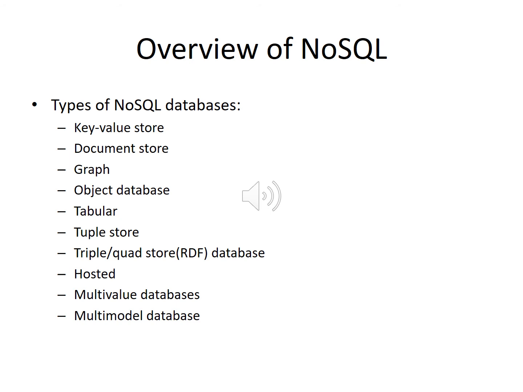NoSQL databases fall into a few types: key value store, document store, graph databases, object databases, tabular, tuple store, triple store databases, hosted, multi-value, and multi-model databases. We're going to look at just three of them, but again, this is a topic on its own.